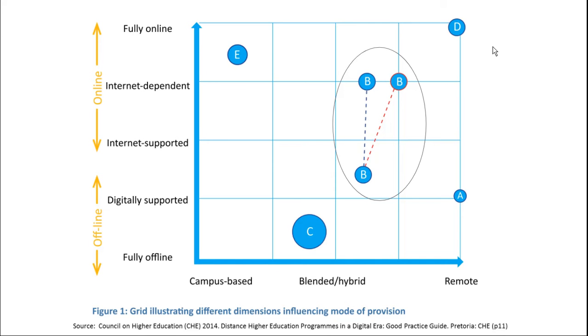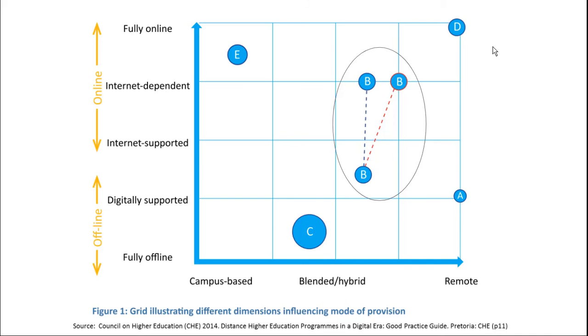So let's say your program is C, and if you look at C, you'll see it's big. It's much bigger than the others. So what you can also do is show the size of your program by the size of the circle. Okay? So the size of the circle depicts, if you like, the numbers of enrollments on your particular course.